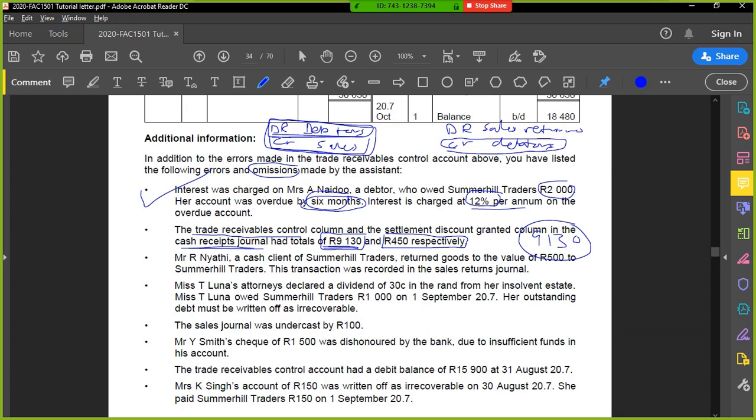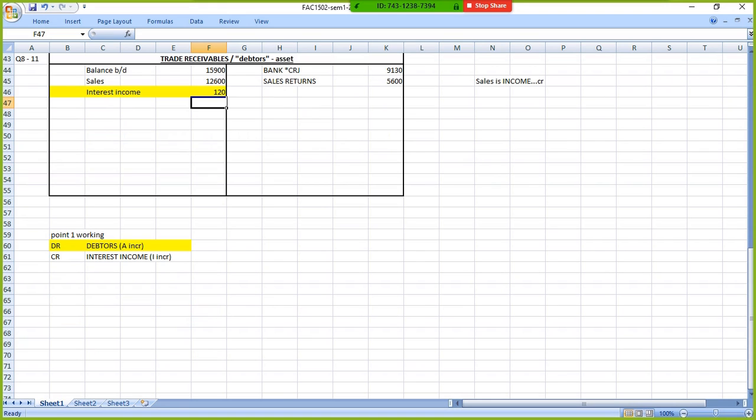They tell you that there is a discount. In terms of the totals, the trade receivables control column had a total of 9,330, and they tell you that the discount was 45. So if you had to split that, you would have debited bank because you're getting money from the debtor.